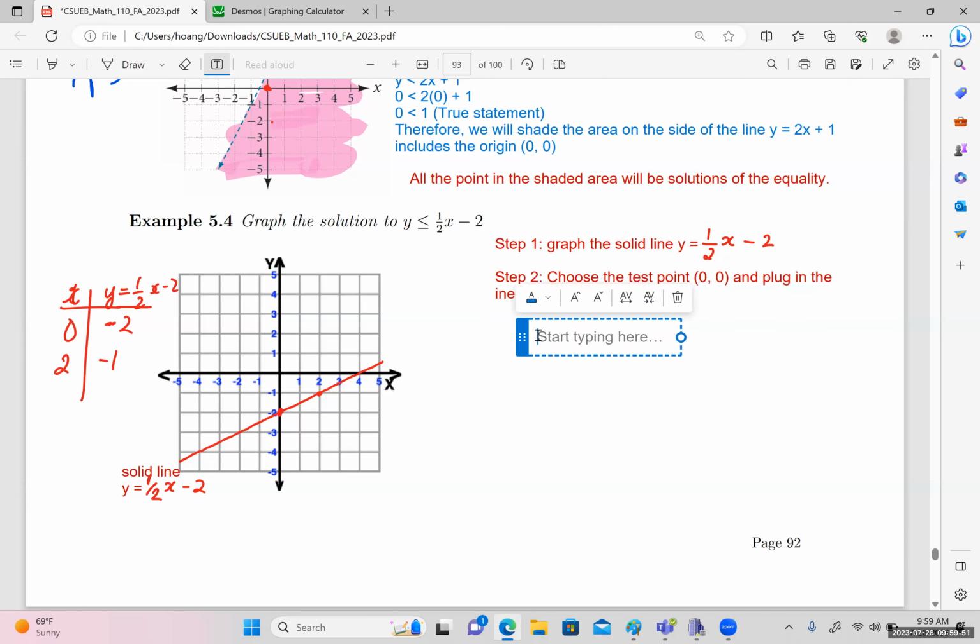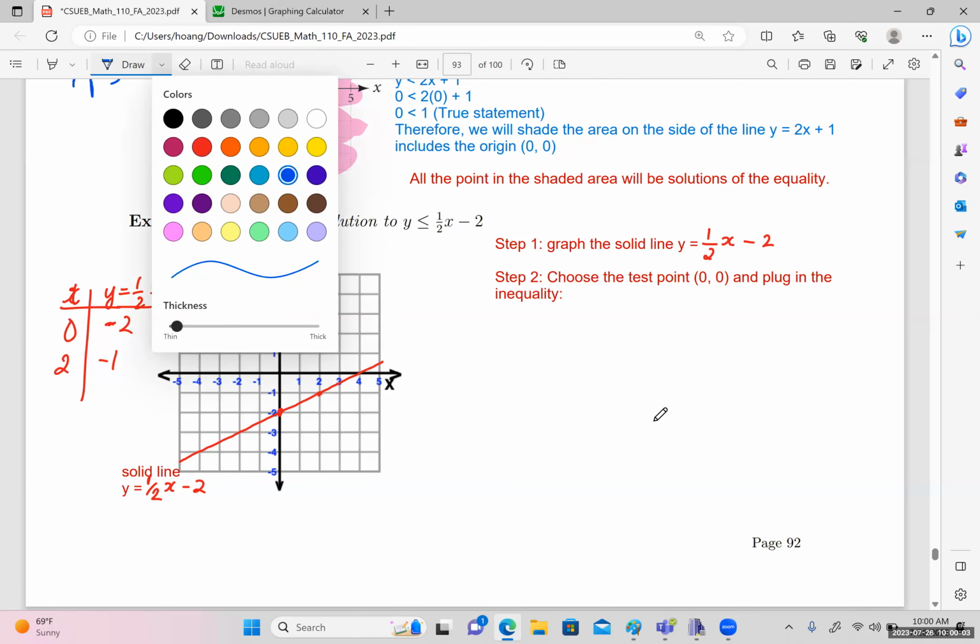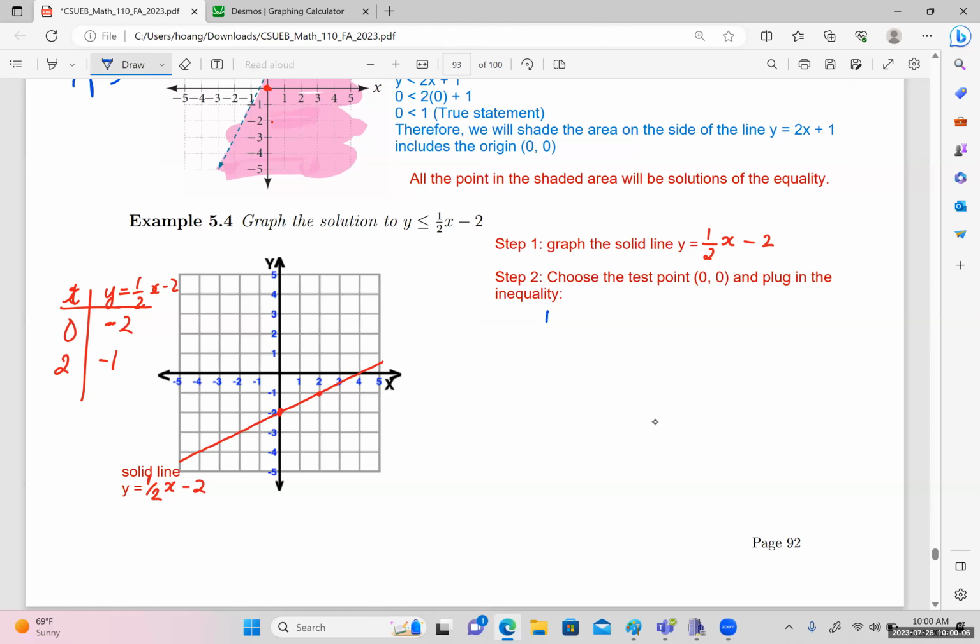I'm gonna write with a different color. This one is better. So y less than or equal to 1/2 x minus 2, right? So 0 less than or equal to 1/2 times 0 minus 2, right? 0 less than or equal to -2. Oh, what happened? Right. So this is a testing point, and is 0 less than or equal to -2? No, false statement.